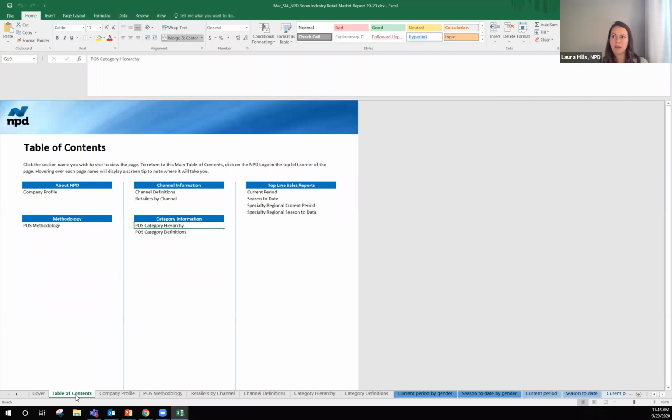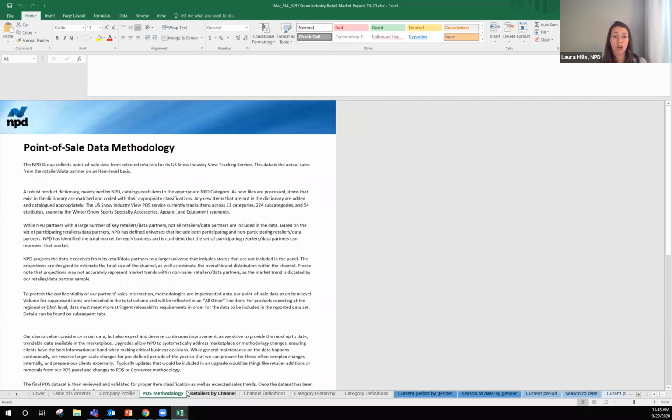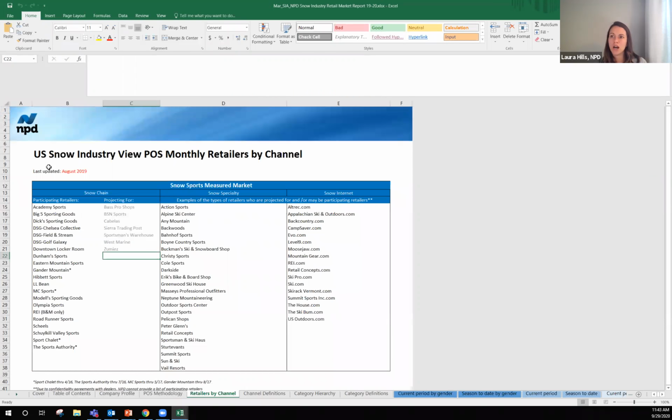So again, we have a table of contents tab that's hot linked, and you can jump to different things. If you want to know more about NPD, we have an overview of that here. It also talks about our methodology and how we bring this data to market. And then the retailers by channel outline that I gave you in the presentation today, this is also afforded to you here.